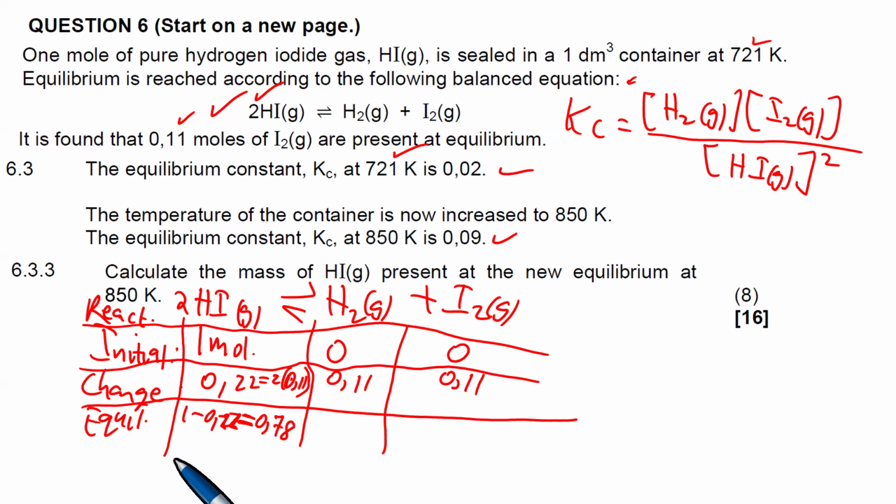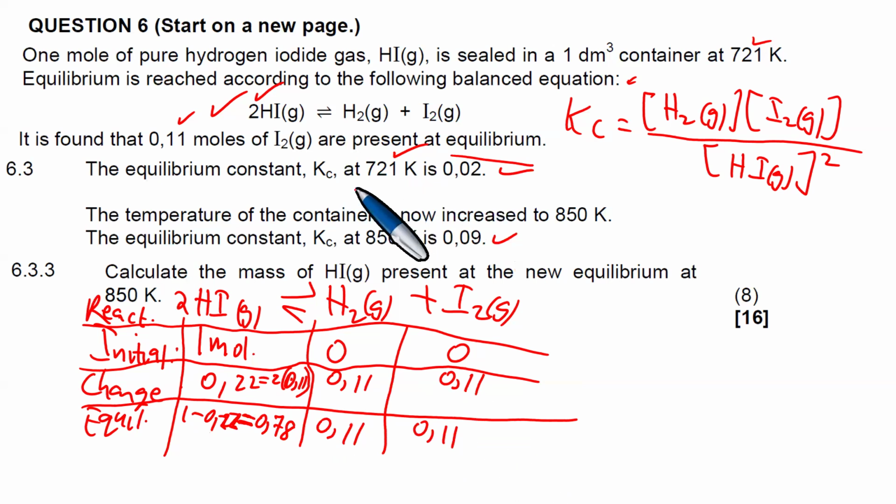So now, let's look at what happens, because it's found that these are present at equilibrium. What is being noted is that you would have the 0.11. But now let's take a look at what happens here.